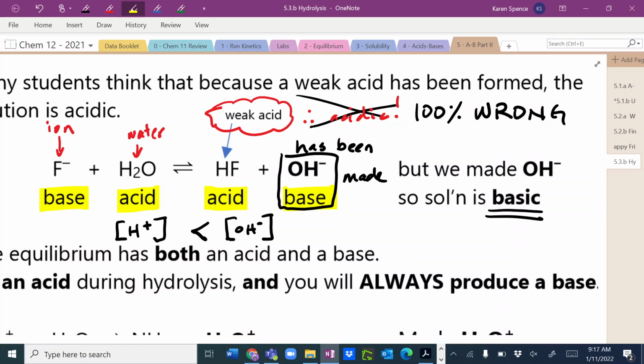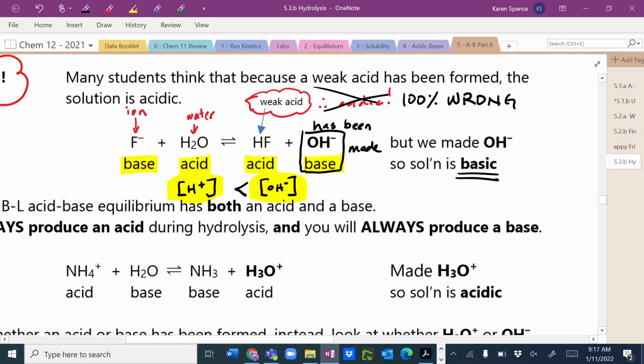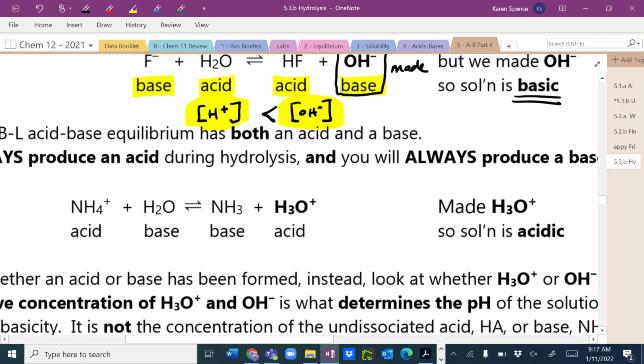There's an acid in the product, an acid in the reactant, a base in the product, a base in the reactant. It just doesn't work. So you need to look instead for the H+ and the OH-, and that's the only way you can tell.